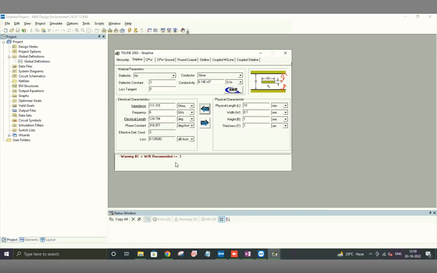It gives a warning. It says W over B is recommended to be greater than 0.1. Basically, exactly 0.1. So this again is related to the model approximations under which these things are computed.